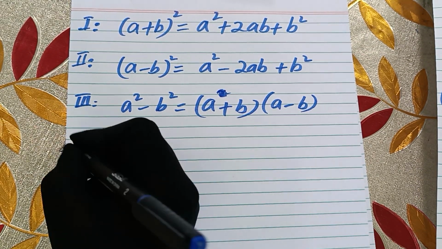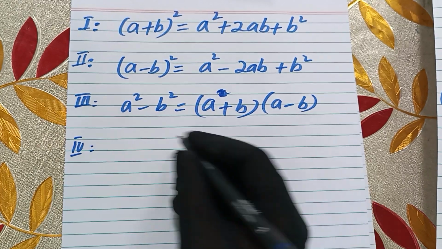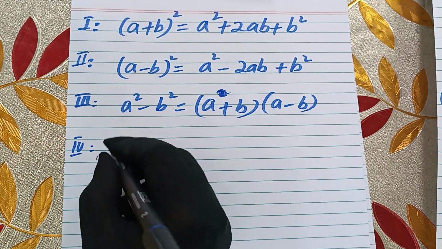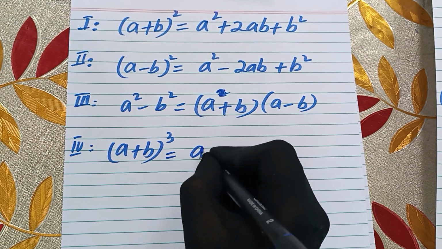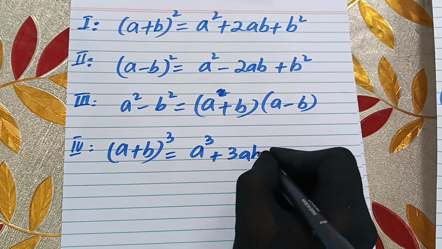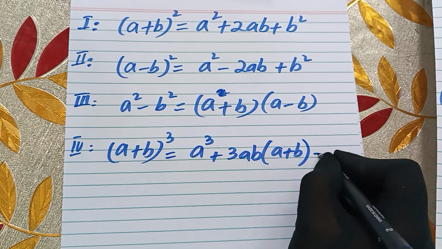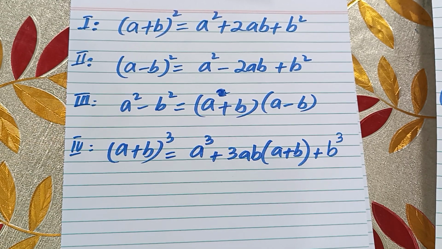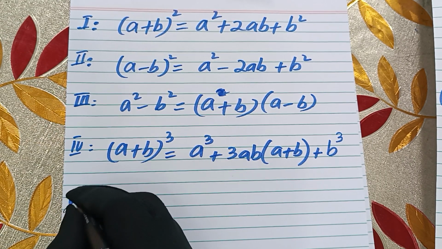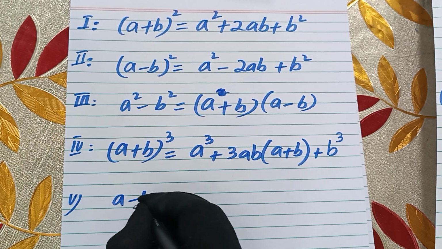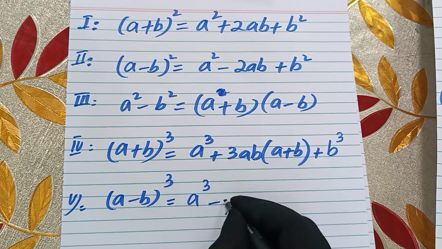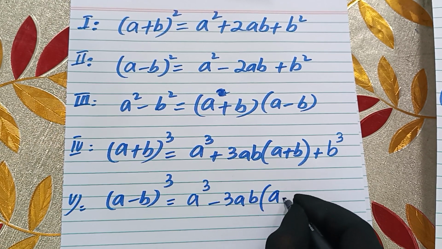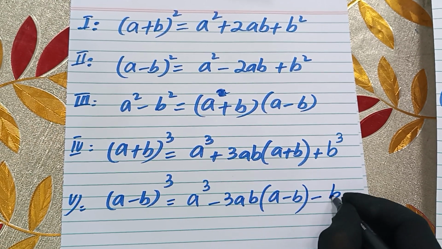Number 4 is a plus b whole cube, equal to a cube plus 3ab times a plus b plus b cube. Fifth, a minus b whole cube equal to a cube minus 3ab times a minus b minus b cube.